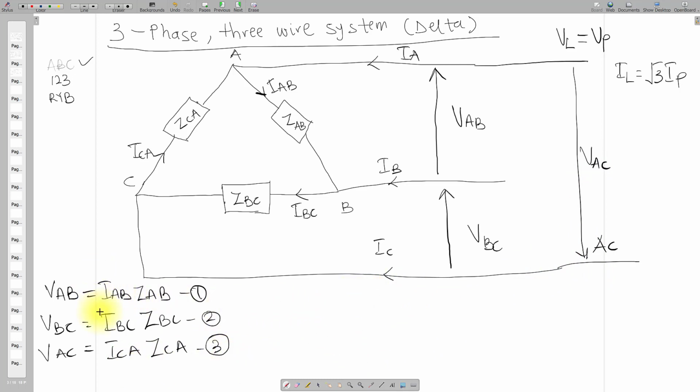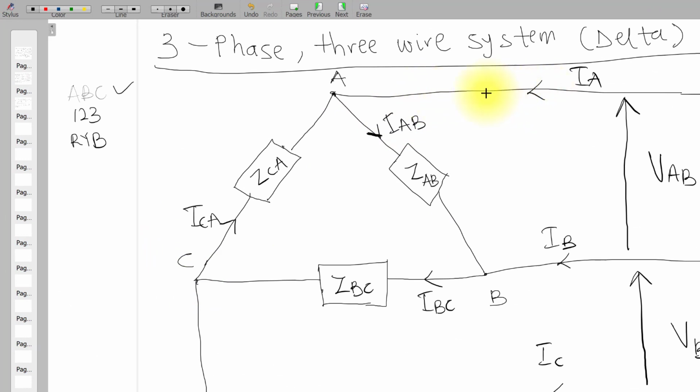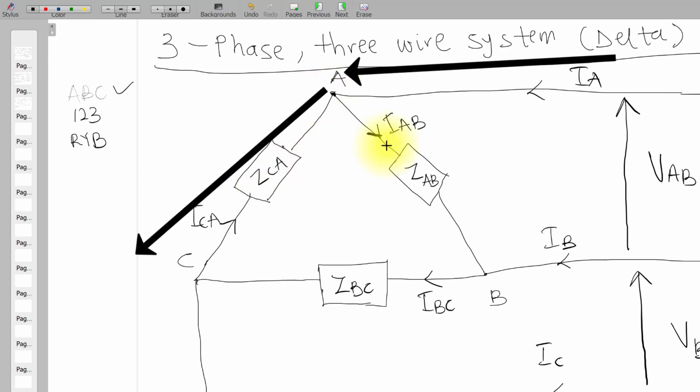So now we have the phase currents IAB, IBC and ICA. Someone will say, okay, what about IA? This is a line, this is also a line, this is a line. So IA is a line current, IB is a line current, and IC is also a line current. How can we find the line current IA? It's very simple. Look at IA. We are going to use KCL equations over here. If IA reaches this node, it should split this way and that way.